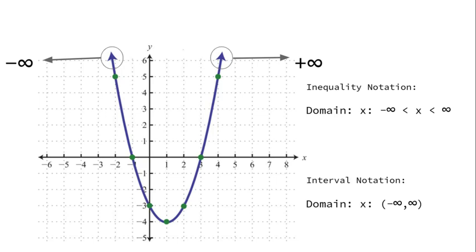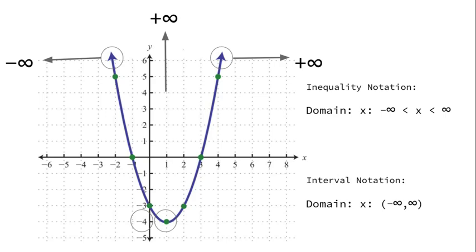Now for the range, the bottom of the graph is here at -4, and the top of the graph is going up forever, all the way to positive infinity. So the range is from -4 all the way to positive infinity.